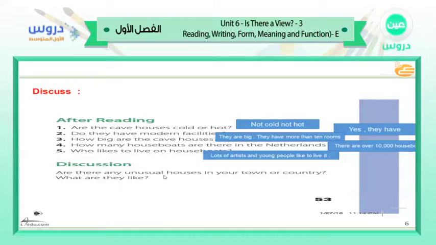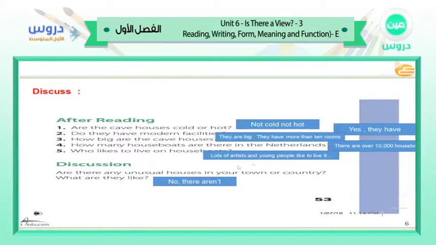But in the kingdom, we have many houses and many caves in Hail, in Dumat al Jandal, in Riyadh, north of Riyadh, in south of Saudi Arabia, and there are many also in Al Masmak Palace. But the answer here, according to myself, I don't have any unusual houses like that, and I can say no, there aren't any inside my city.